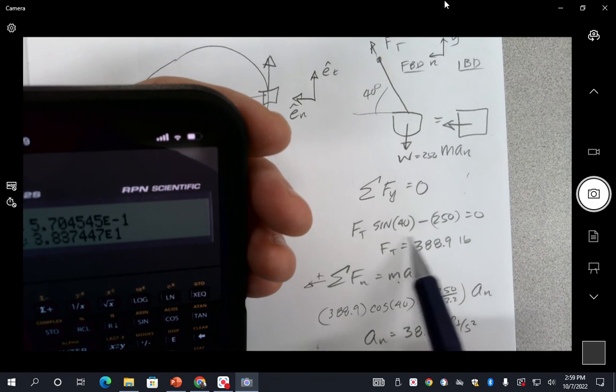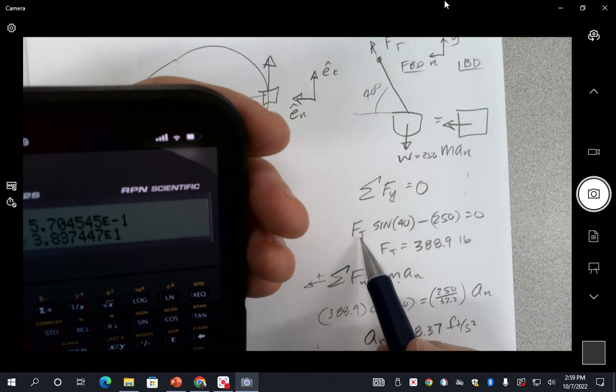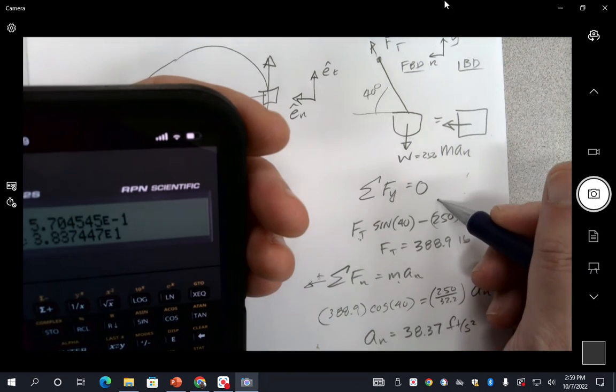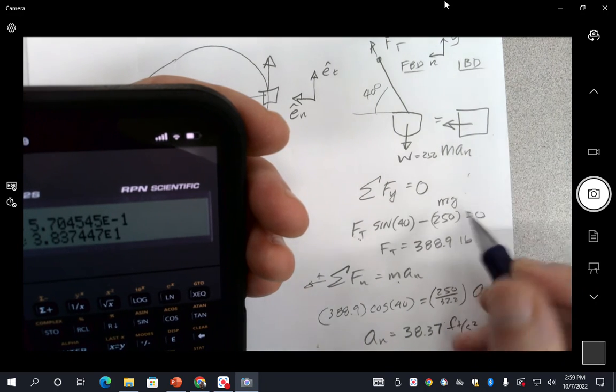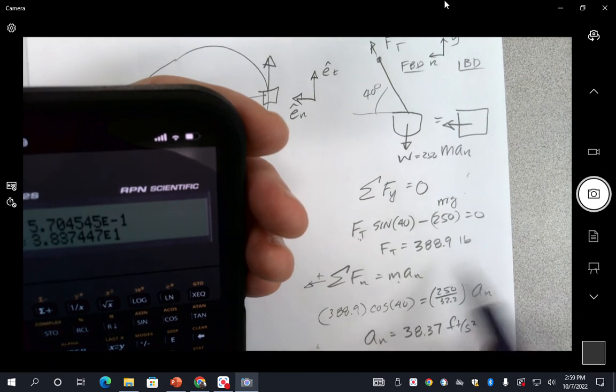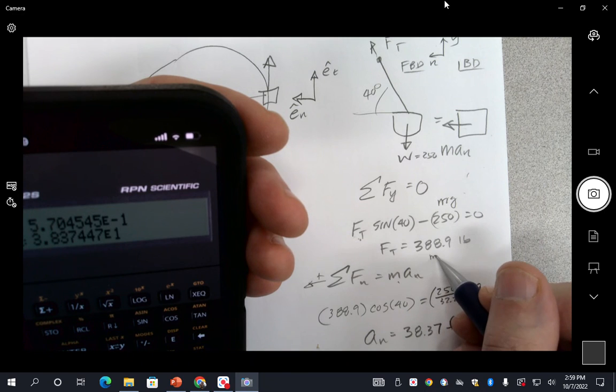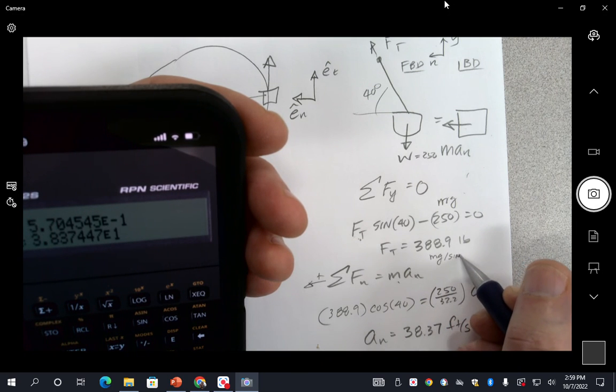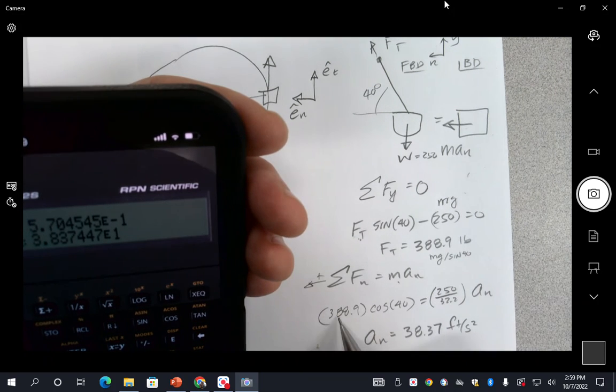Something we should look at though here: note that the tension up here was mg divided by the sine of 40. And then when we put it in here, this was mg divided by the sine of 40, so the mg would have canceled out.